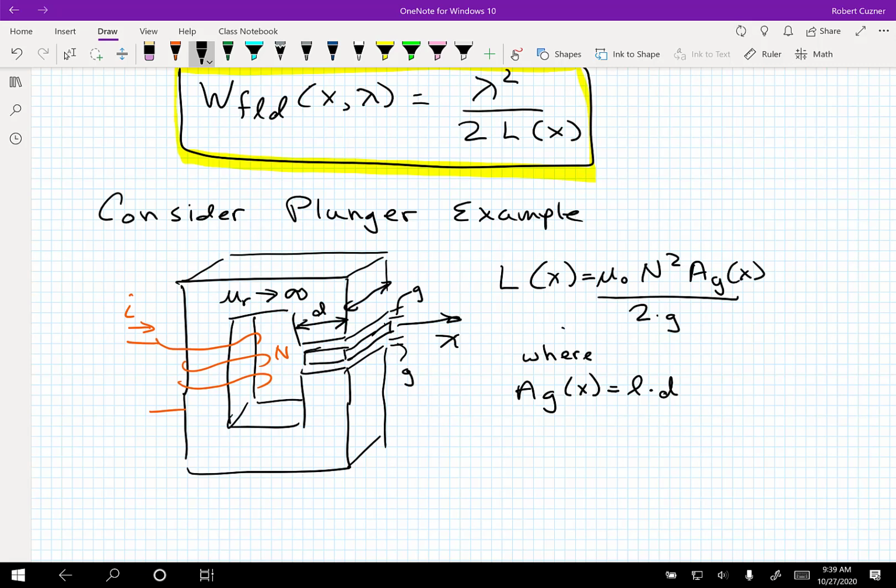We're going to say this is the length here, L times D, 1 minus X over D.